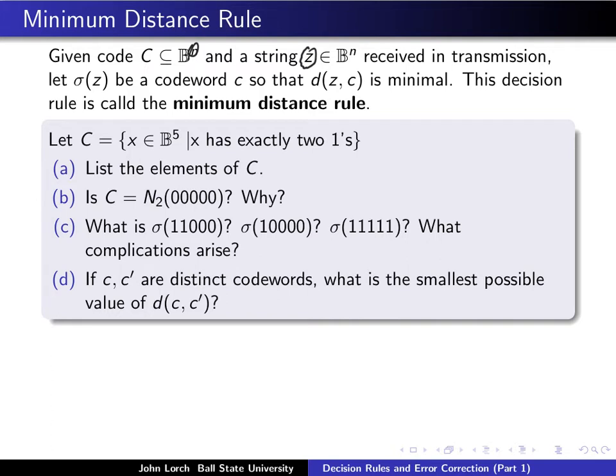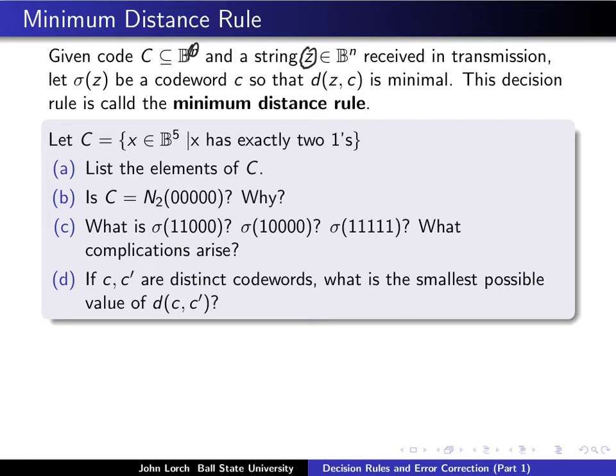So we're going to let sigma of Z be a code word C so that the distance between Z and C is minimal. Now, this type of decision rule makes perfect sense, right? If you receive a string Z in transmission, it would make sense that you would assign it to a code word that is close to what was received.